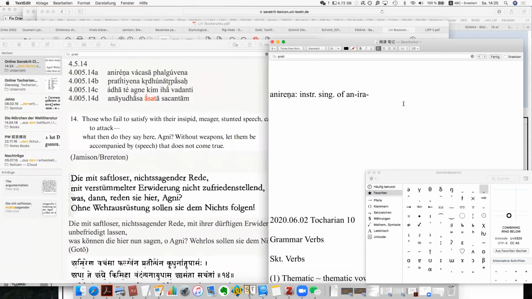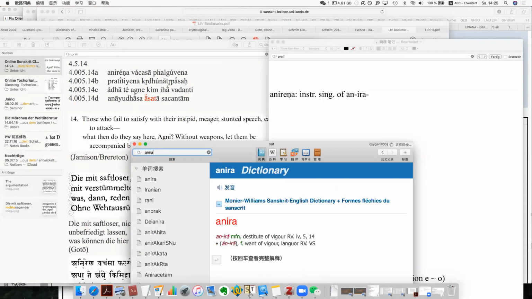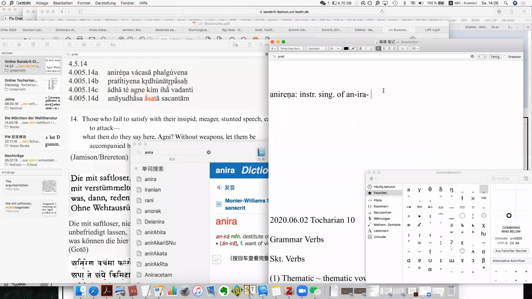Yeah. So anirena. So if we check, destitute of vigor. So without this strengthening drink. So this actually goes back to ida, and there's a word called ida, and ida actually means the strengthening drink. So this is important for the god.